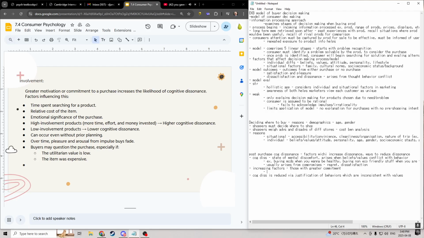Greater commitment is influenced by cost, time spent, emotional value, effort, even without prior planning.